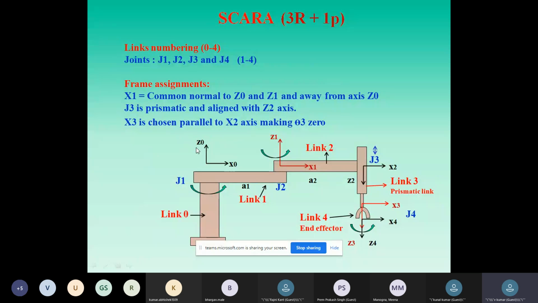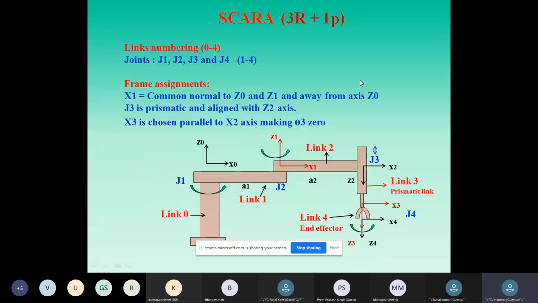First we establish Z0 along the axis of rotation, Z1 along the axis of rotation. Since Z2 is linear, vertically upward and downward, Z2 is downward here. And the fourth is revolute type, so its rotation is about the vertical, so its Z axis will be vertically downward.